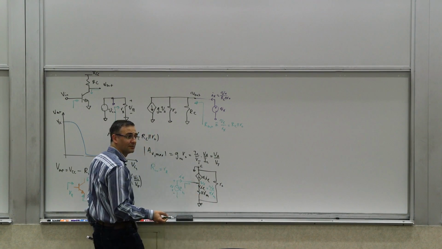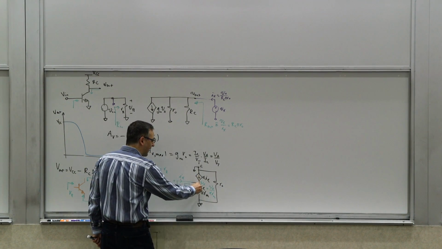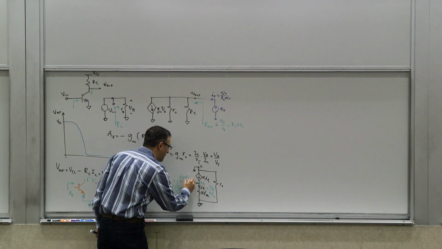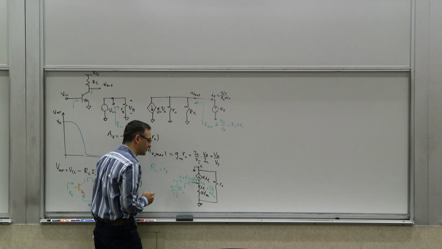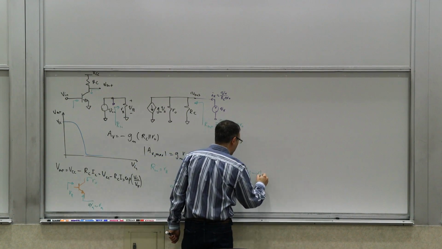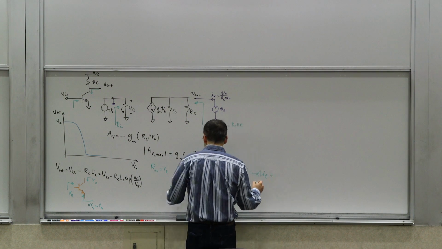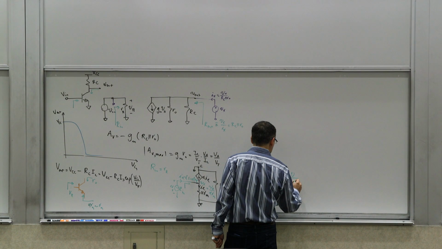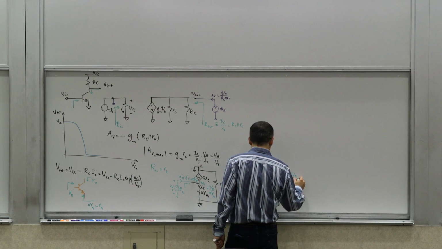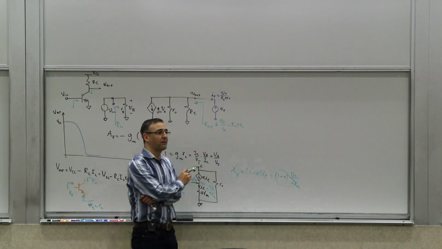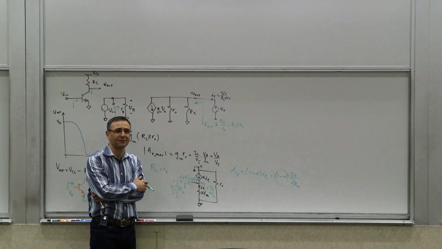In terms of IE, this current is IE, this current is alpha IE. So this current is going to be 1 minus alpha IE. So Ix, which is 1 minus alpha times IE, and IE was Vx over alpha Rm, so it's 1 minus alpha, Vx over alpha Rm. Now this quantity has a name, alpha over 1 minus alpha.